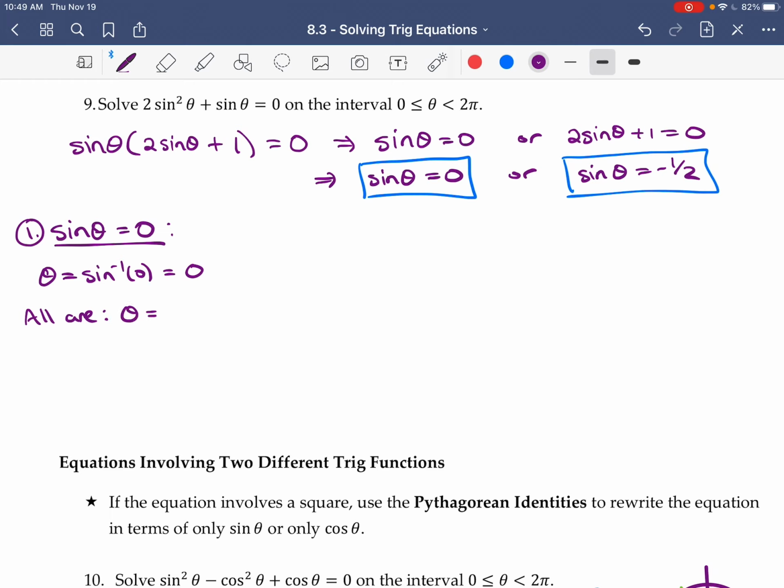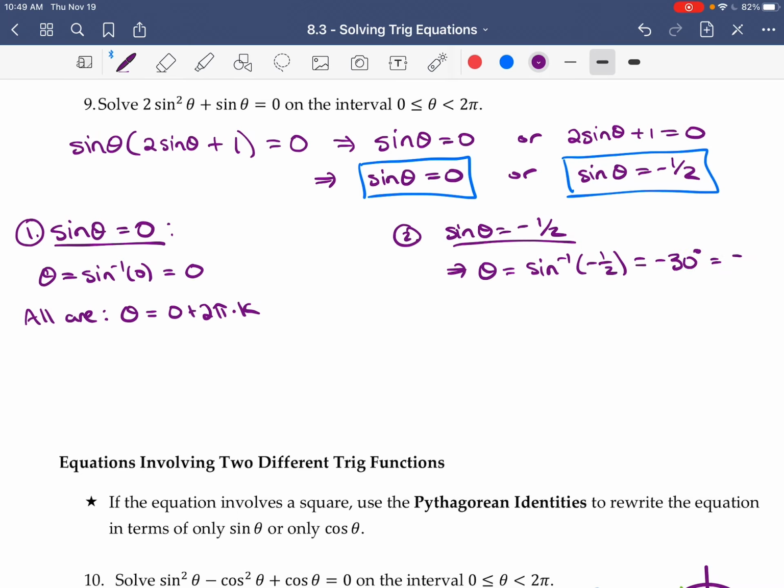So it's just theta equals 0 plus 2 pi times k. Okay, the second one, sine theta equals negative 1/2. So I would do theta is sine inverse of negative 1/2, which, if you're in degree mode, is going to give you negative 30 degrees, which is negative pi by 6 radians.